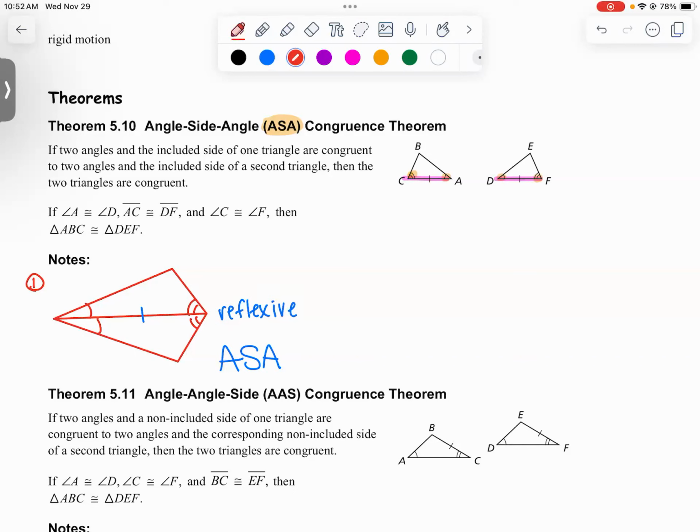Okay, how about this picture? What do you think about these two triangles?